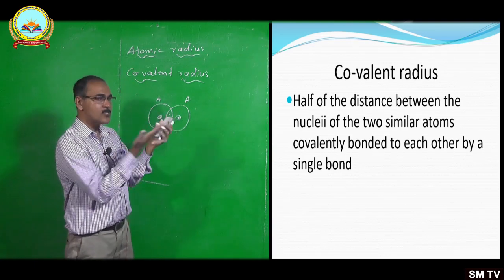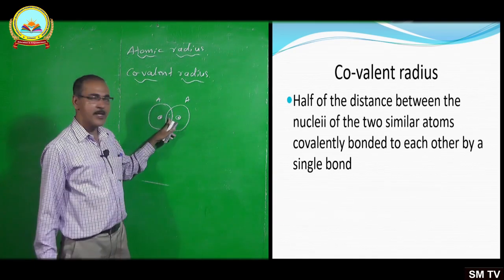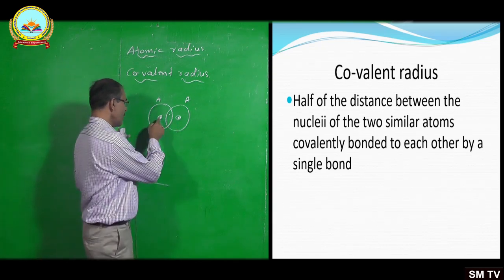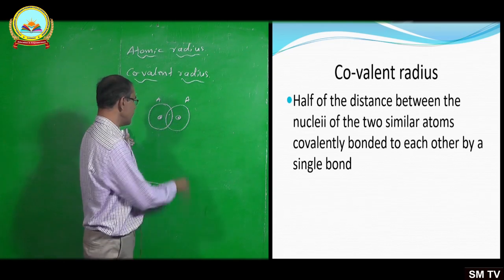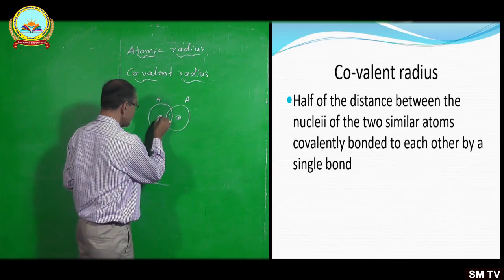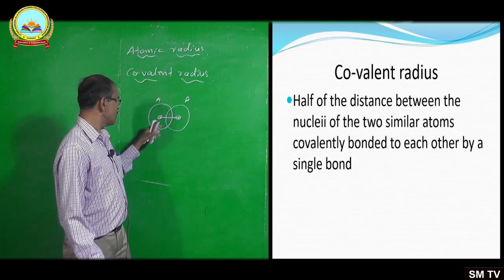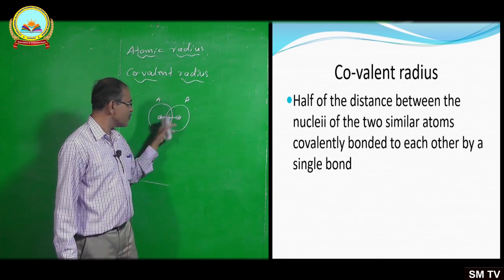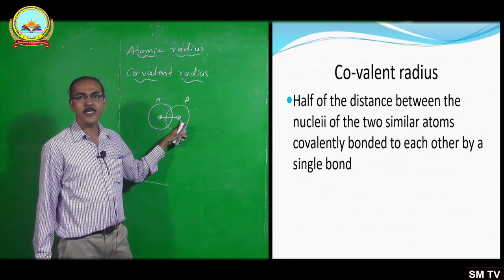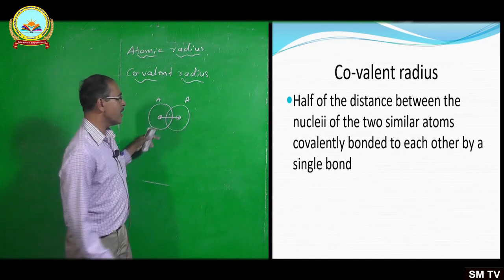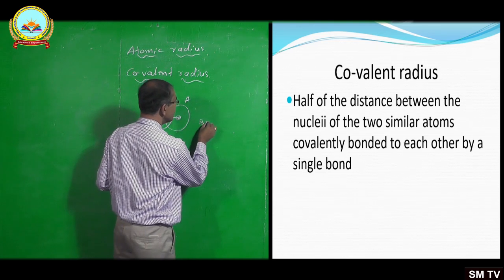The orbitals overlap, and in this overlapped region the electrons get paired up, thereby a covalent bond is formed. The distance between the two nuclei is called the internuclear distance, or the bond length.